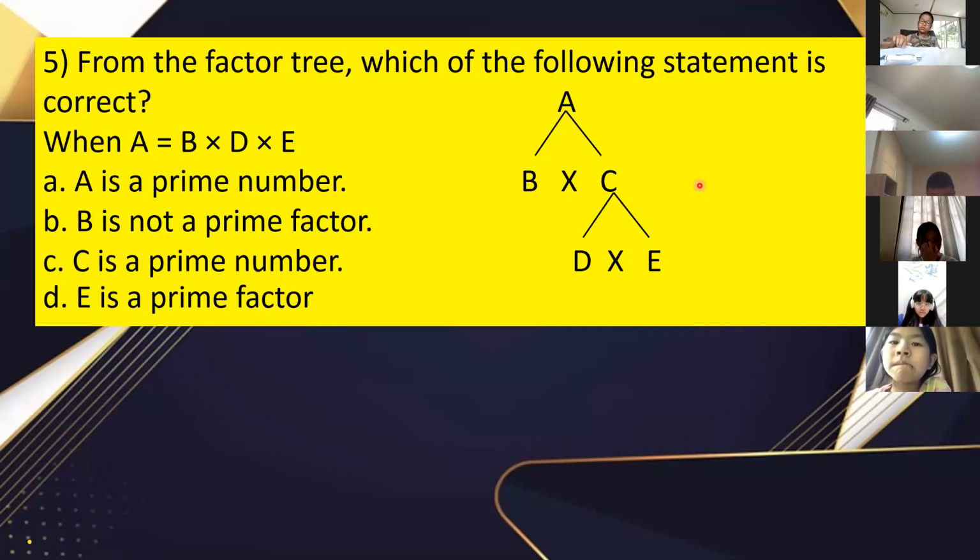A, B, C, or D? Ming Kwan. I think is C. C is a prime number. No. How about you, Pai?